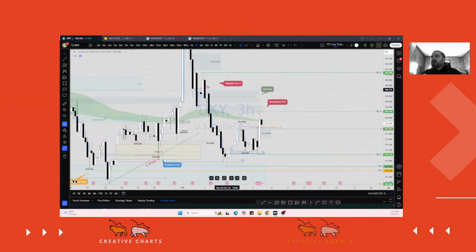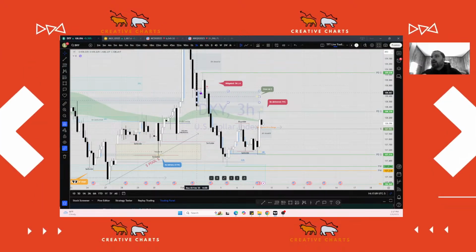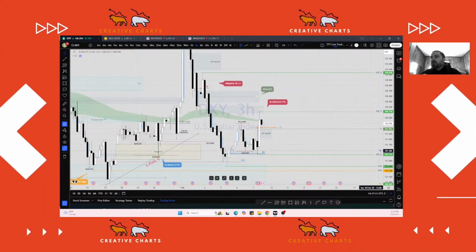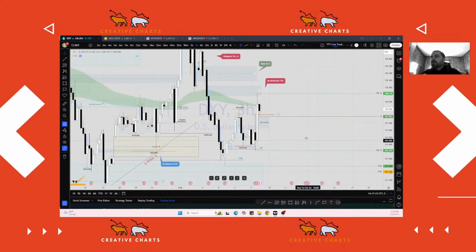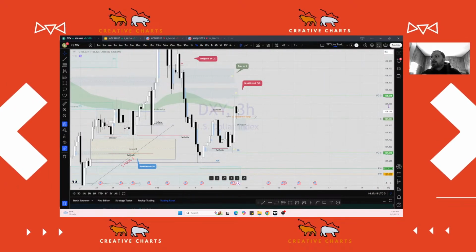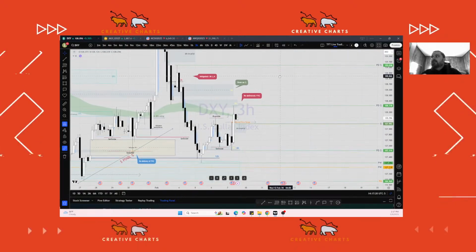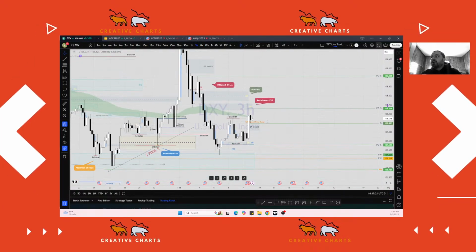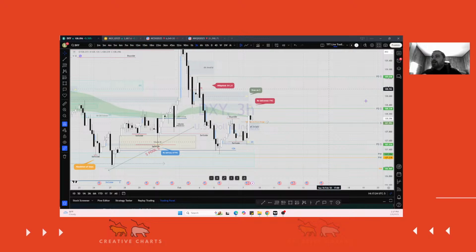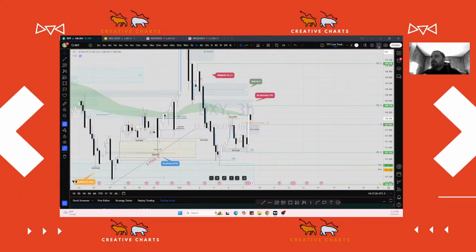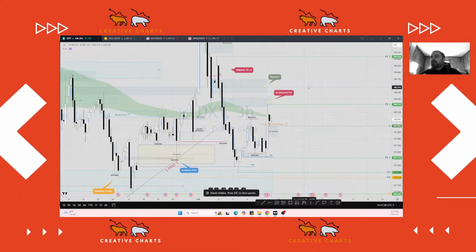Price may respect these swing highs and push price lower because there's a lot of liquidity built up below. Even though we are showing signs of a bullish reversal on the highest time frames, the monthly and the weekly, it is showing some strong bearish momentum.